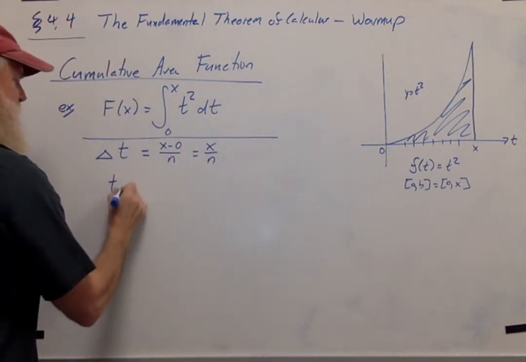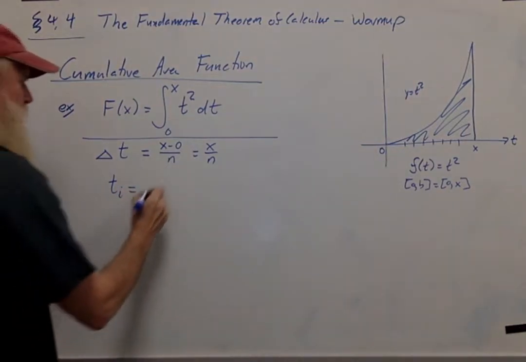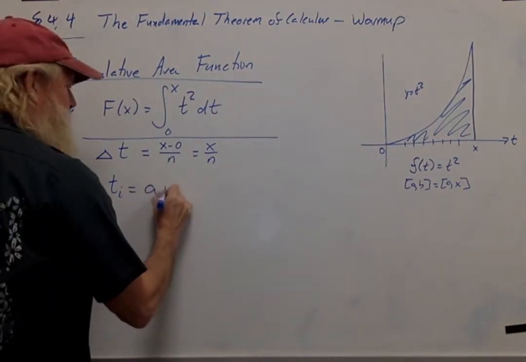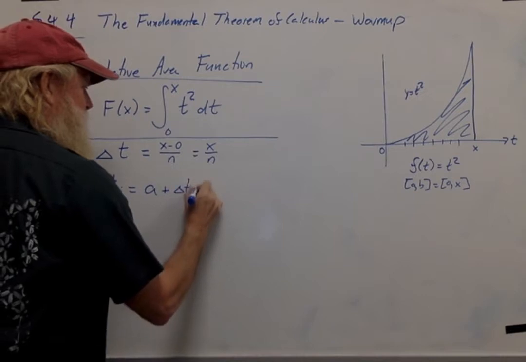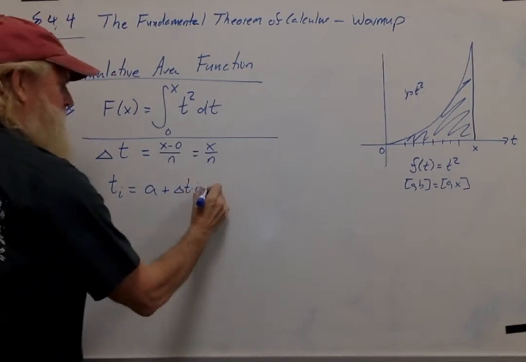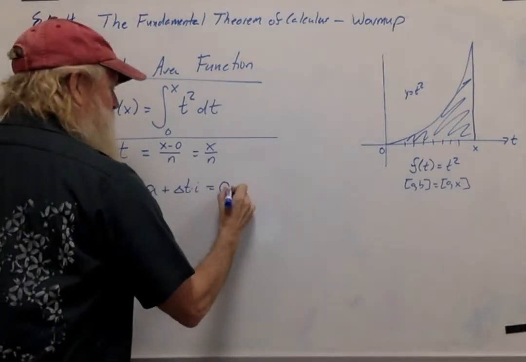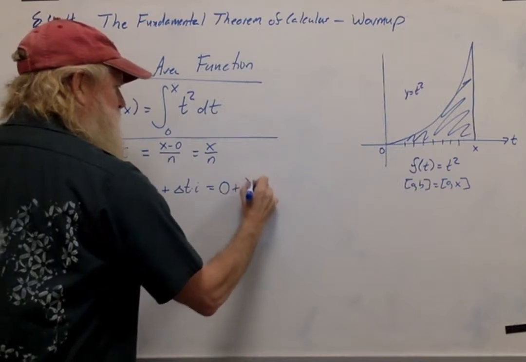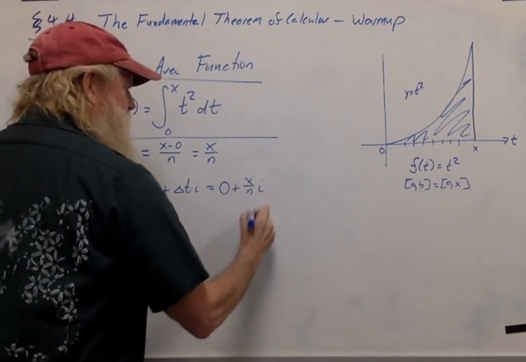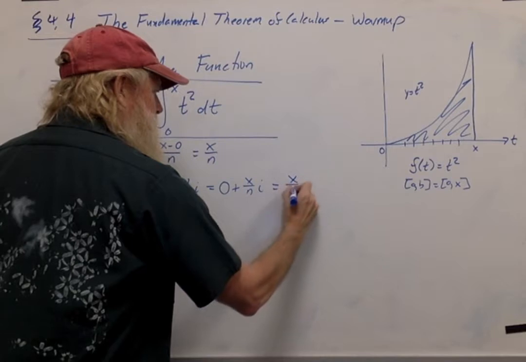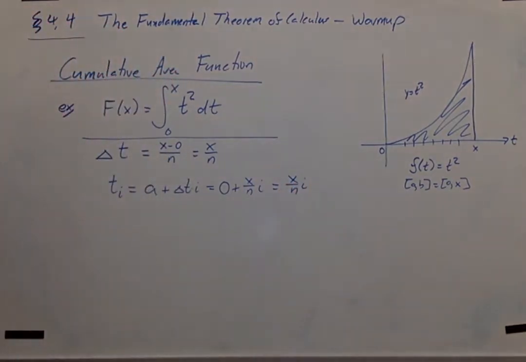The formula for t sub i, using the right endpoint, is a plus delta t times i. The left endpoint is 0. Delta t is x over n times i. So my formula for t sub i is x over n times i.